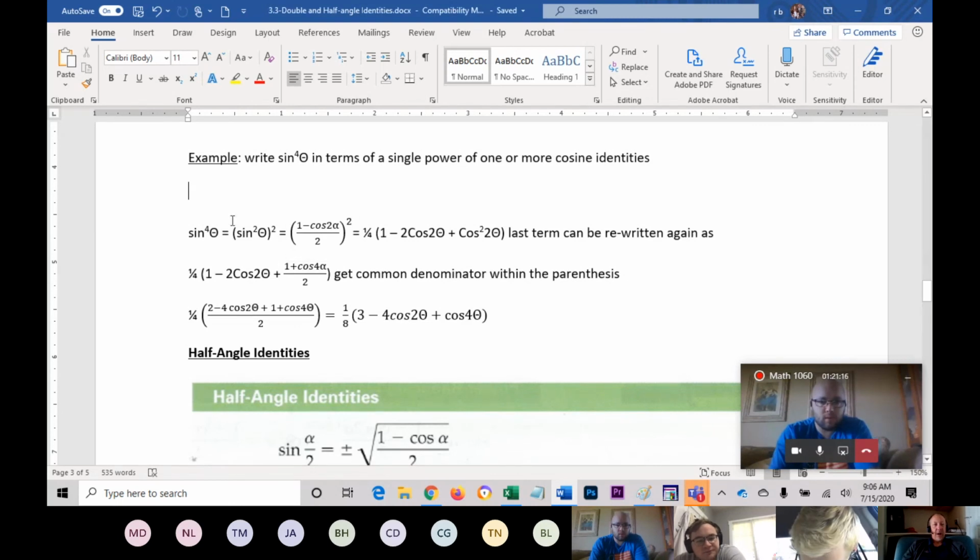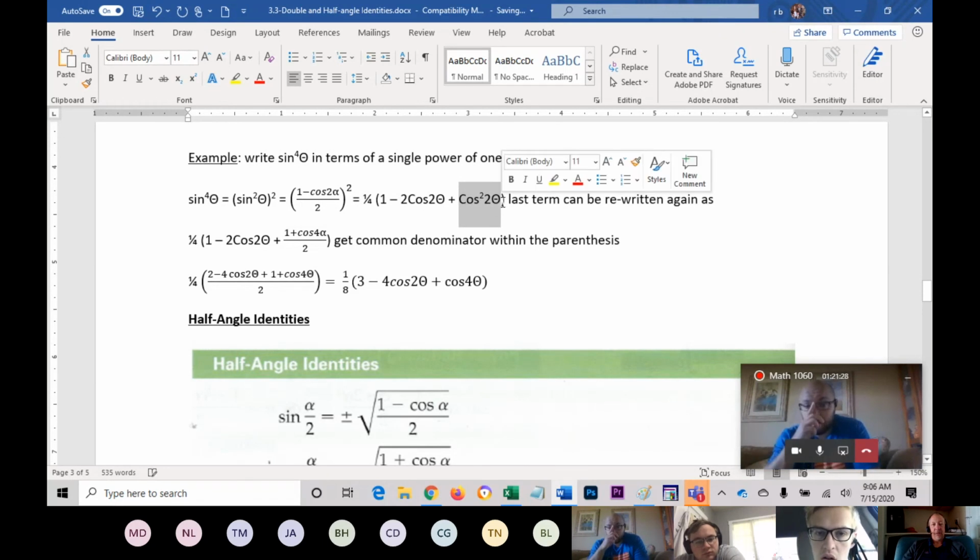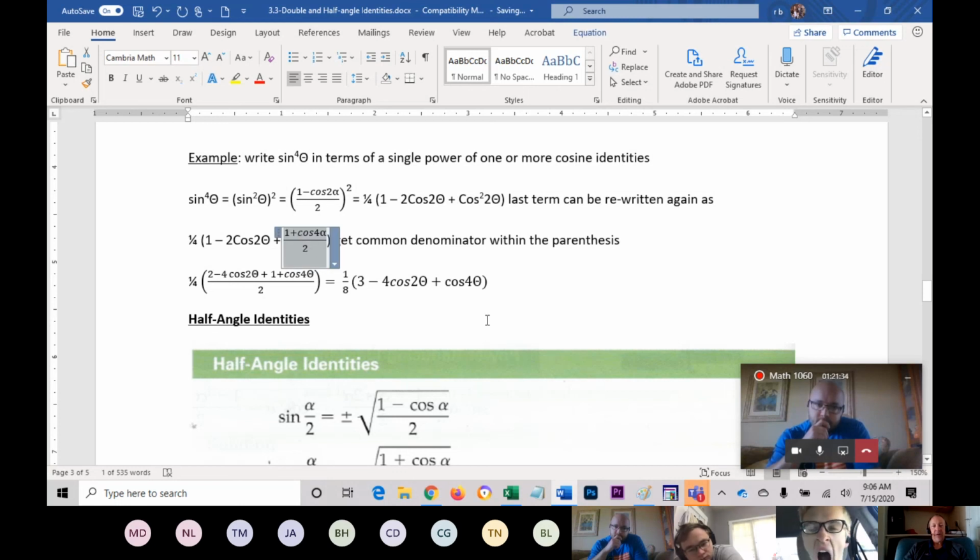Oh, and then actually, as we think about this, I guess we were kind of done, but we can also write this term here in terms of, so if we want to get rid of the squared, we can do the same thing again, and that's going to become 1 plus the cosine of 4 theta, all over 2. That's supposed to be a theta.